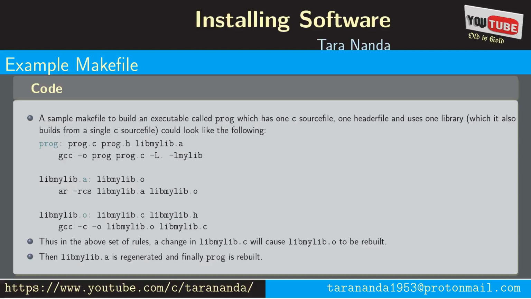Next, libmylib.a, the target. It depends on libmylib.o. So you can't build libmylib.a unless libmylib.o is built. And the command is ar -rcs libmylib.a libmylib.o.